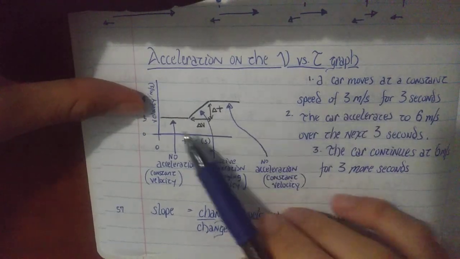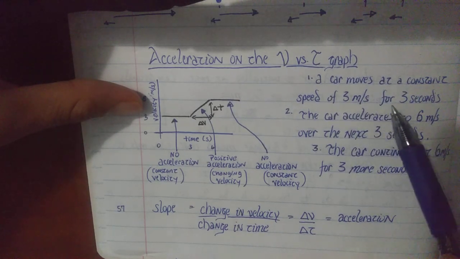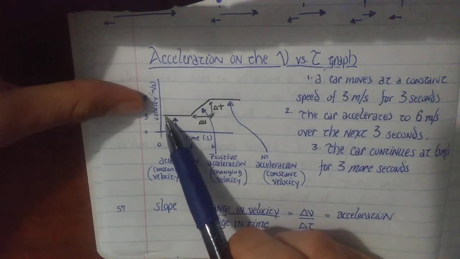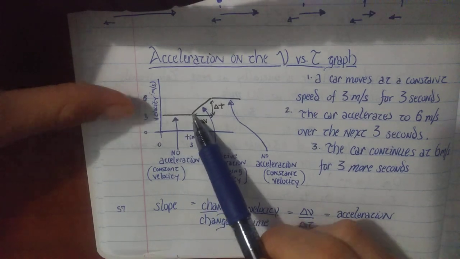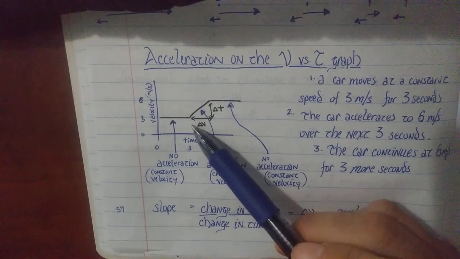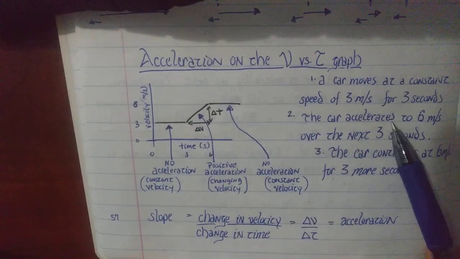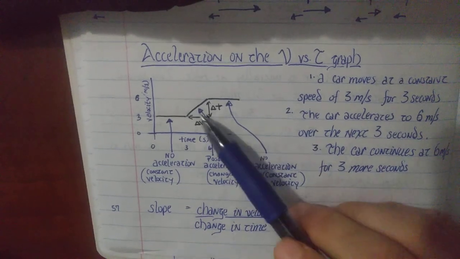what's happening? Here's section 1. The car moves at a constant speed of 3 meters per second for 3 seconds. So for 3 seconds, it goes 3 meters per second, right? Constant velocity. Then this is section 2. The car accelerates to 6 meters per second over the next 3 seconds.